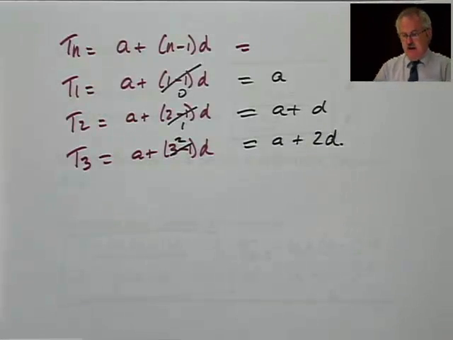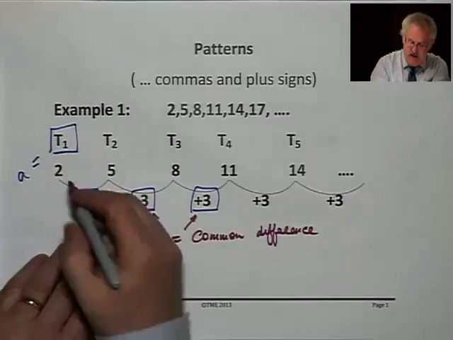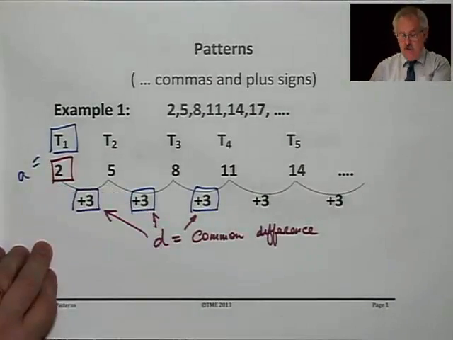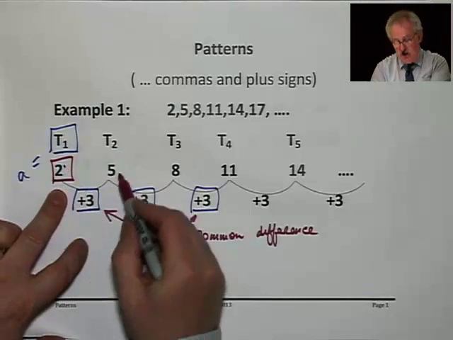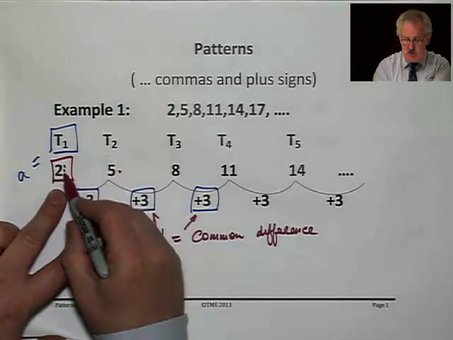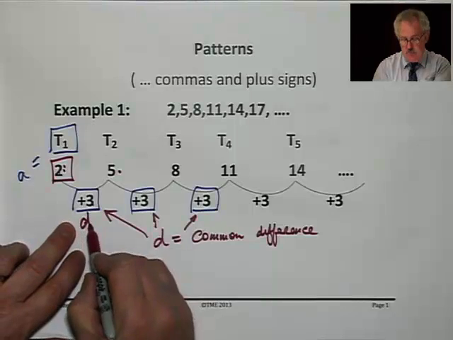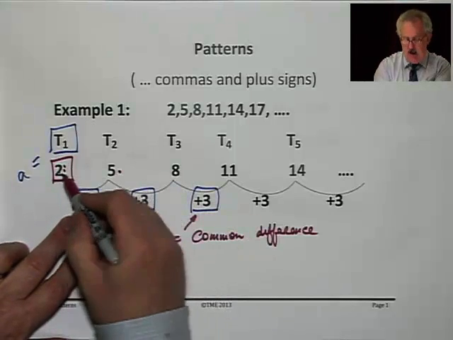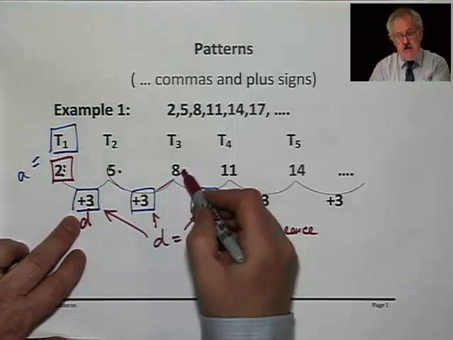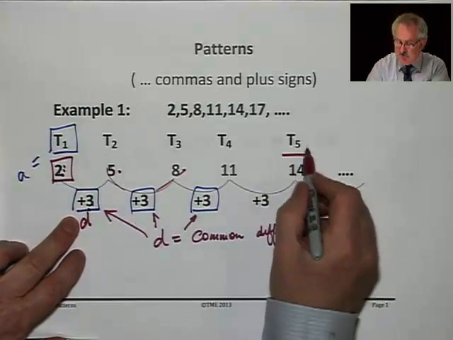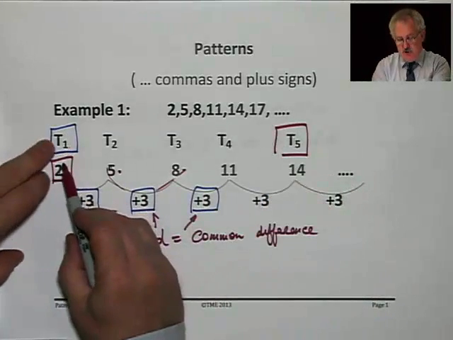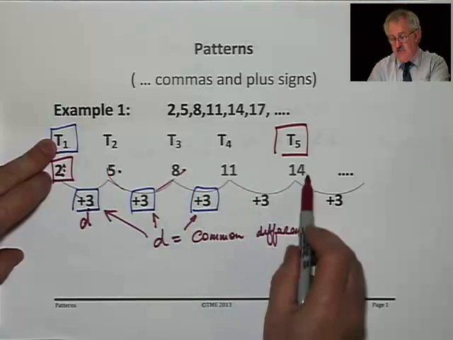And really what they're saying is, if we look at the picture here, that T1 is A, is 2. The second term is 2 plus 3, is 5. A plus d. The third term is A plus d plus d, 2 of them. And the fifth term, for example, you start on the 2, and then you go 1, 2, 3, 4.